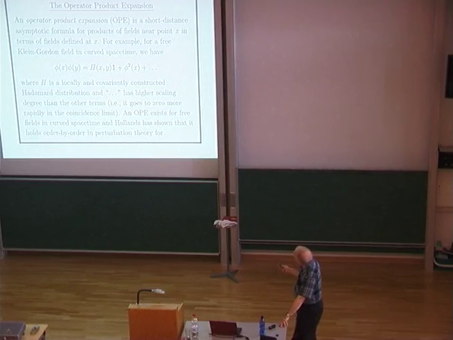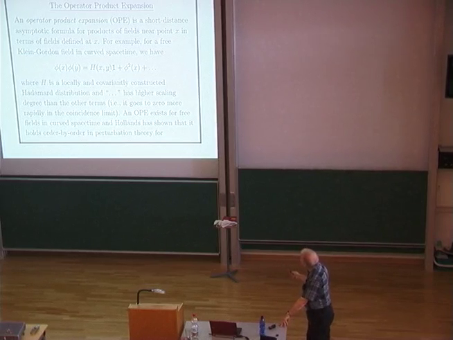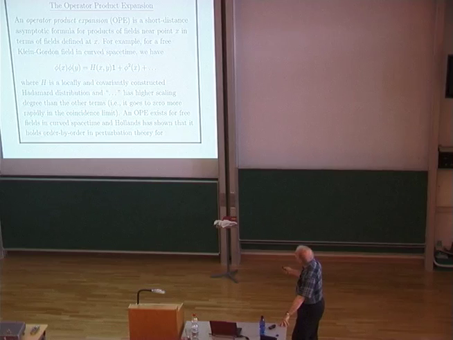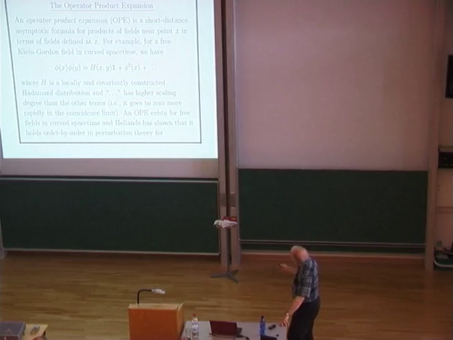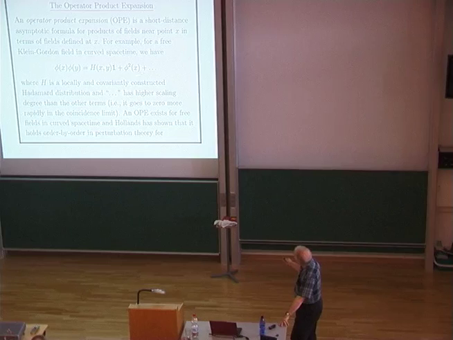The notion of a Hadamard state, one way of formulating it, the old way of formulating it, there are much nicer ways in terms of the wavefront set ideas, is that as you bring the points close together, the singular part of this becomes some locally and covariantly constructed Hadamard distribution times the identity operator plus a remainder.